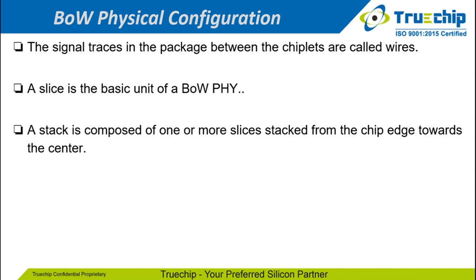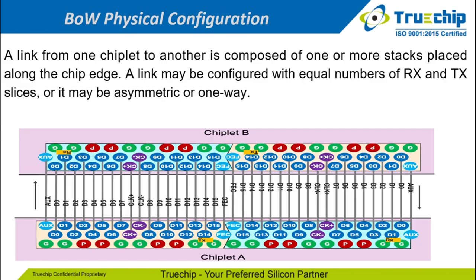A slice is the basic unit of a BoW PHY. A stack is composed of one or more slices stacked from the chip edge towards the center. A link from one chiplet to another is composed of one or more stacks placed along the chip edge. A link may be configured with equal numbers of RX and TX slices, or it may be asymmetric or one-way.